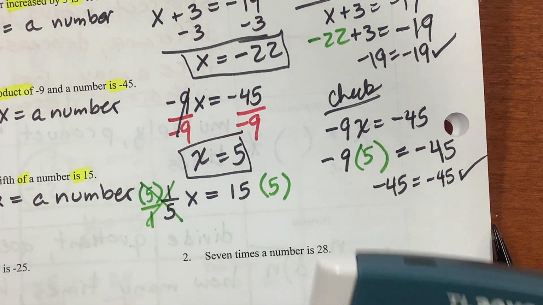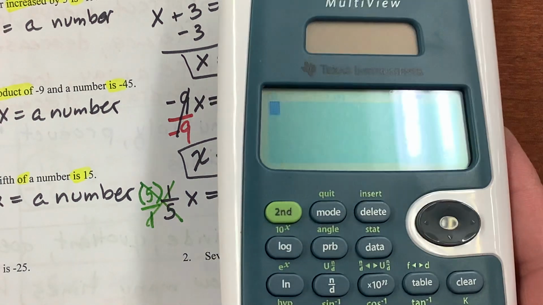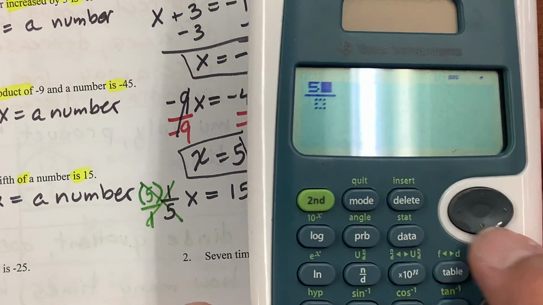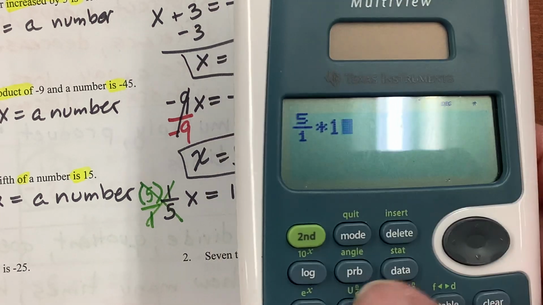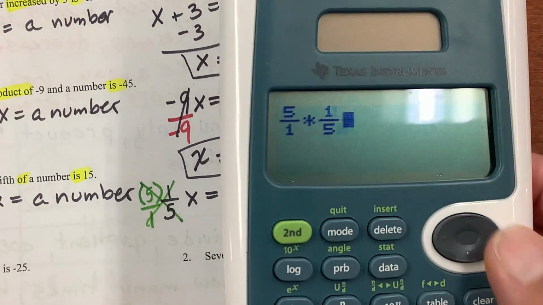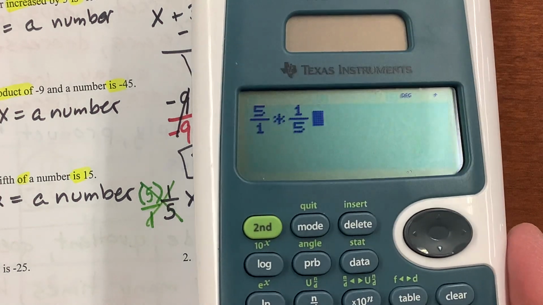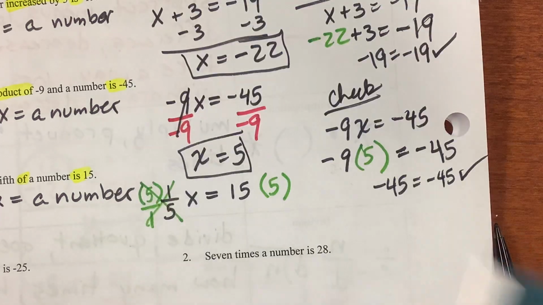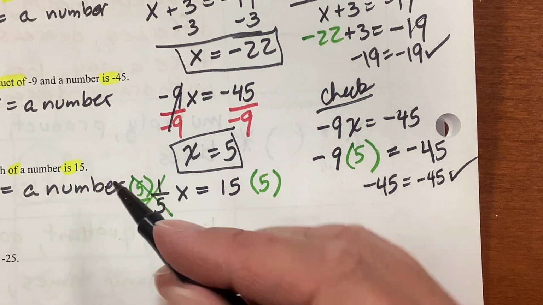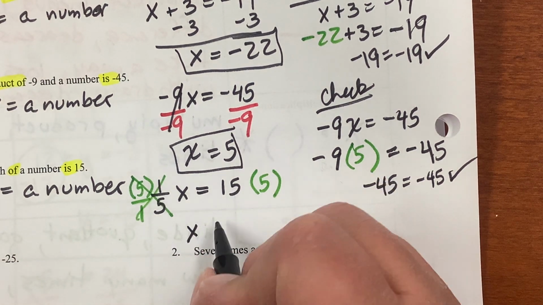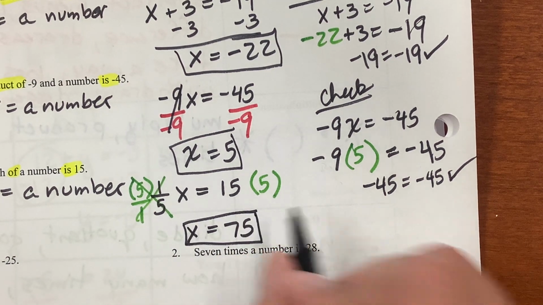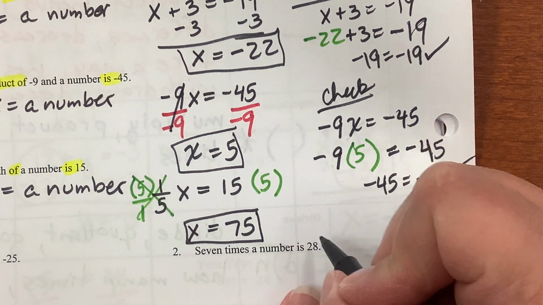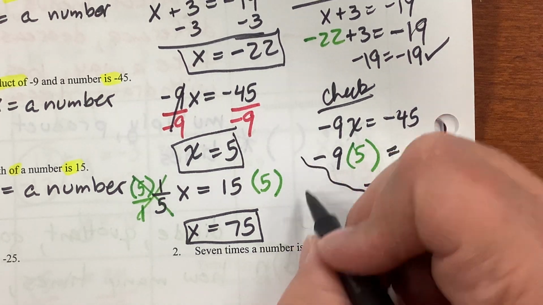Here's my calculator: 5 over 1 times 1 over 5, that's 1. And 1 times x is x. Now I got my x by itself, and 5 times 15 is 75. Put a little box around it.